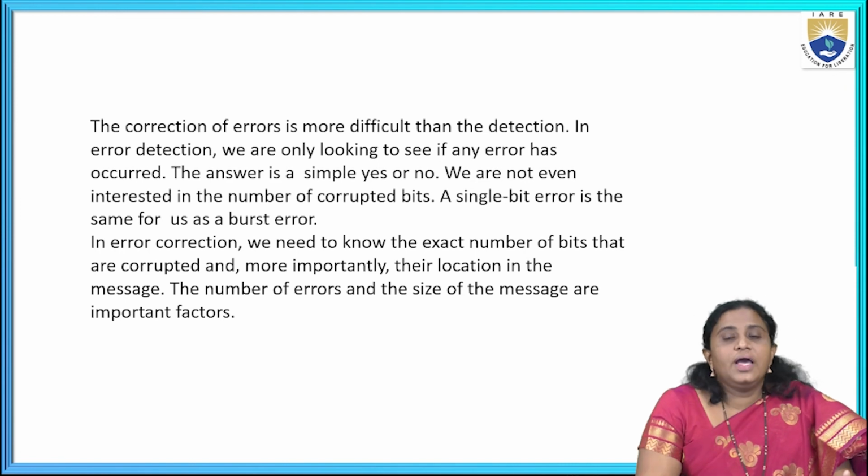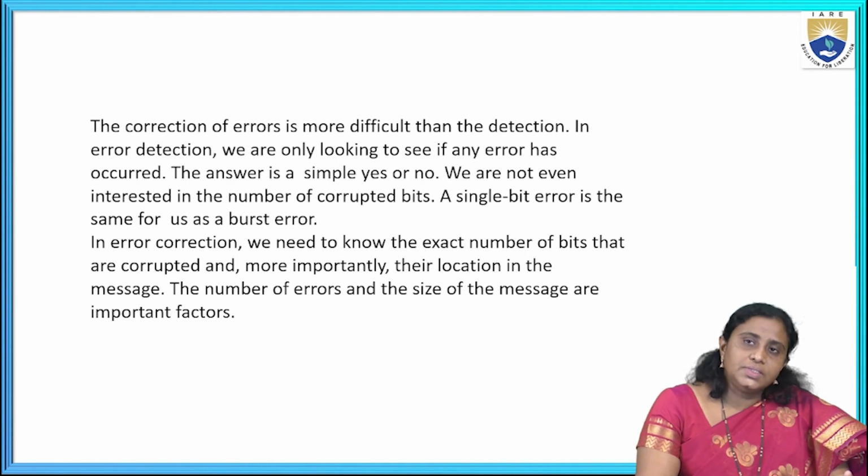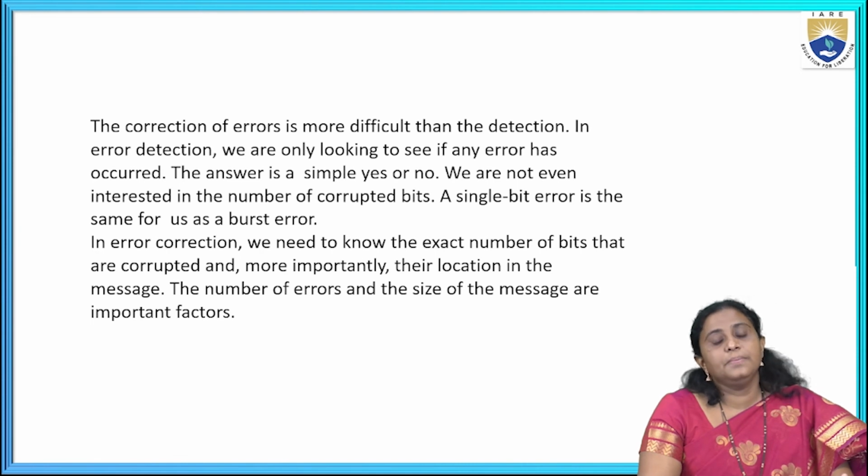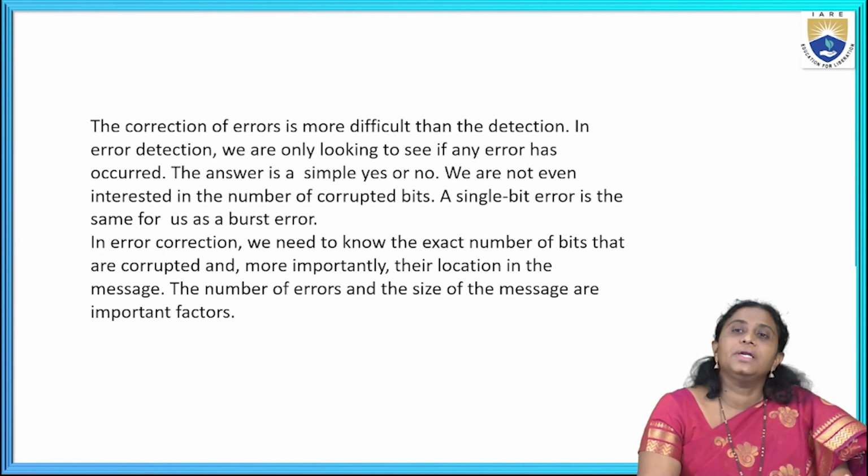The correction of errors is more difficult than the detection. In error detection, we are only looking to see if any error has occurred. The answer is a simple yes or no. We are not interested in the number of corrupted bits.